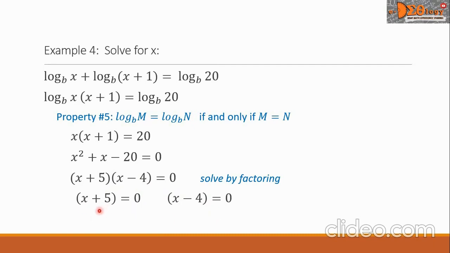We will transpose the positive 5 to the right side, so we have x equals negative 5. And the other factor, x minus 4, we will transpose the negative 4 to the right side. We have now x equals positive 4. And these are the values of x for the given problem.